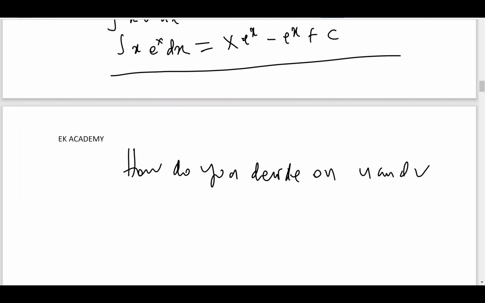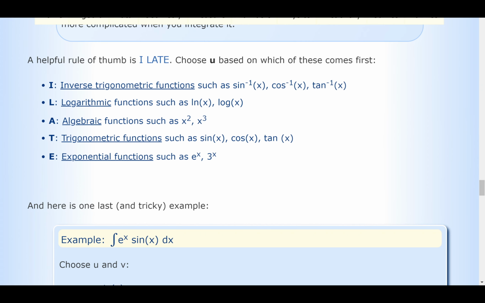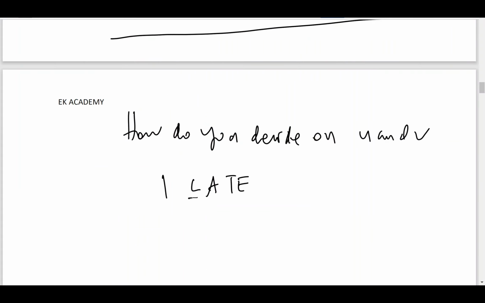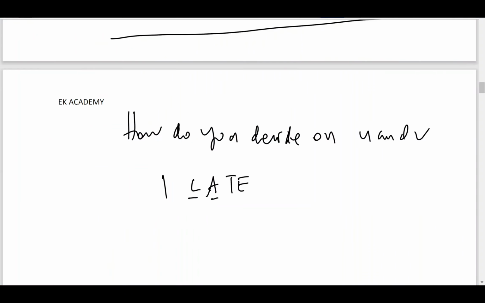The point is I-LATE. And I-LATE, as you have seen, is inverse, logarithm, then algebraic function, then trigonometric functions, and then you come to exponents.